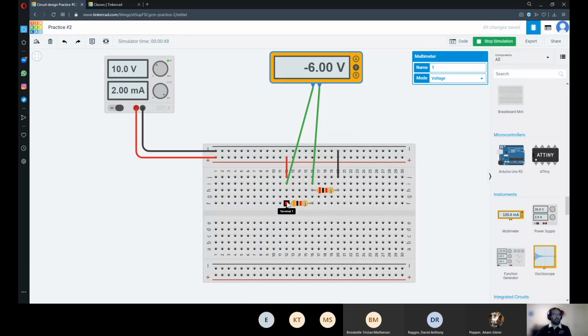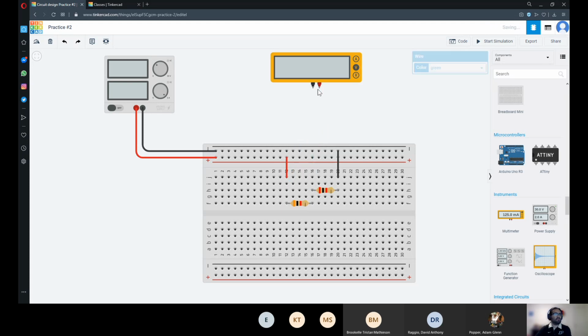So the current is going towards the right, creating a voltage that is positive towards the left. But since I'm measuring in the opposite direction, it's telling me the voltage is negative. If I were to replace those, we will see that it's the same number, but this time it's positive. Okay.